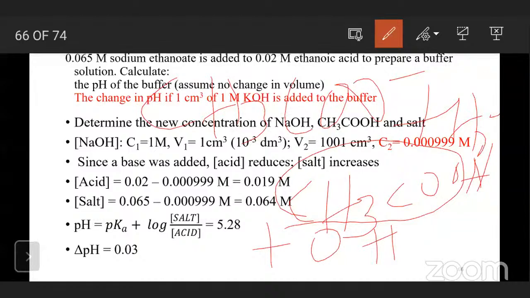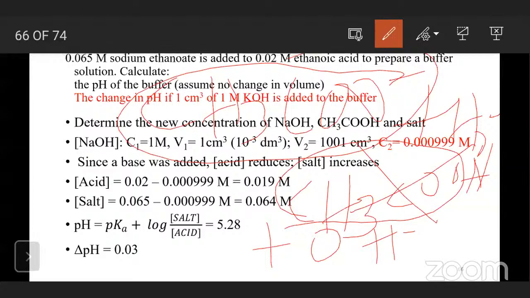Okay? So if you have this, you have more of the salt, less of the acid, because that base you have introduced will react with some part of the acid in the buffer. So the number of moles of the acid you have in that medium will reduce. And the number of moles or the concentration of the salt you have in that medium will increase.